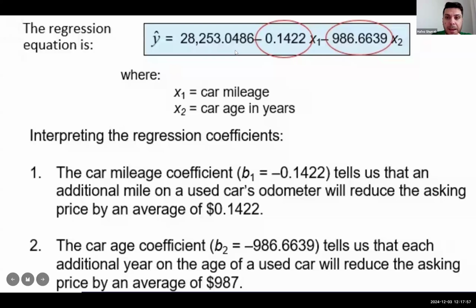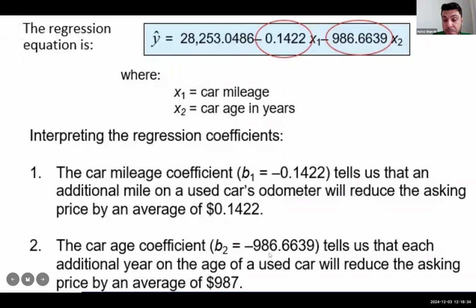Now, if you want to add, the price is going to go down because we have a minus. It's going to go down for every single mile the car has gone, according to this regression model. And the same thing applies to the year. So for each year, the price that you ask for a used Camry is going to go down by $986 roughly.